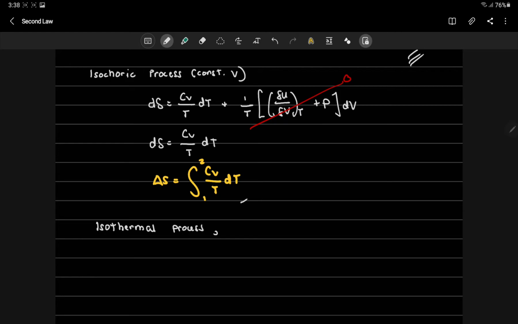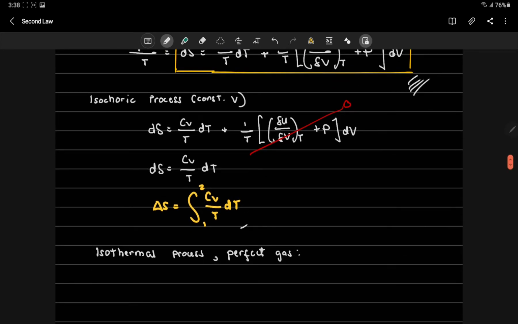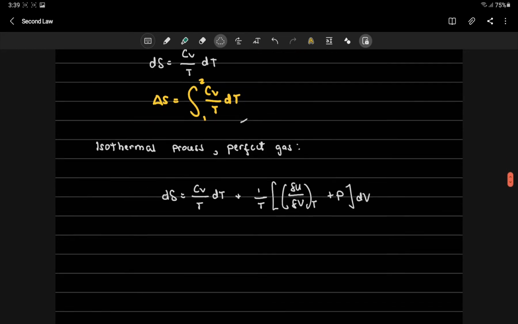Tapos, another condition that I'd like to include here is, let's say meron tayong perfect gas. Okay? So, ano kaya ang mangyayari sa ating general equation right here? How do we reduce this for the following conditions na isothermal and we have the case for perfect gas? So, let me rewrite that equation again. Ayan siya. Now, since isothermal po ang ating process, mayroong mawawalang term which is the first term of that equation kasi mayroong kang dt dito.